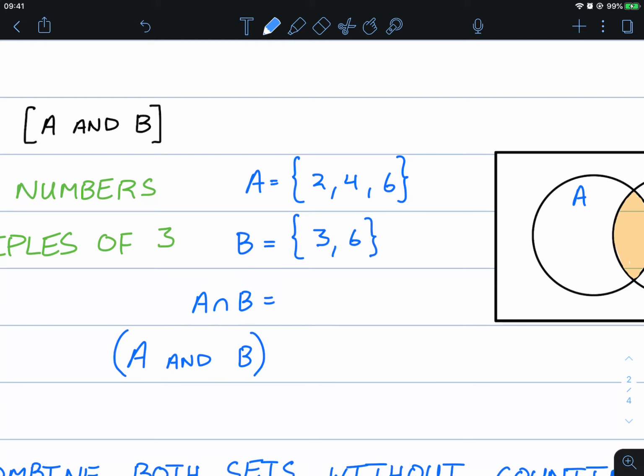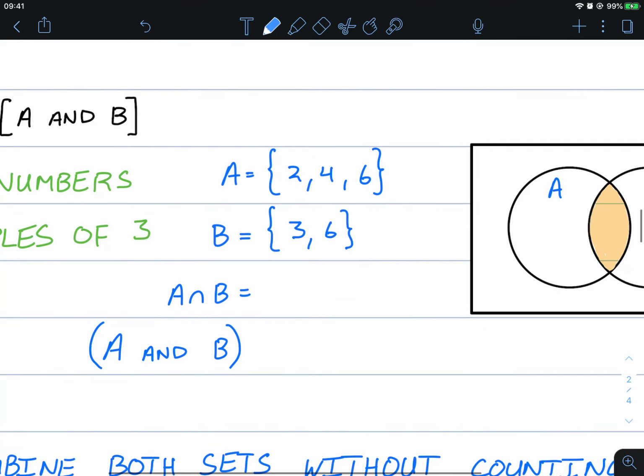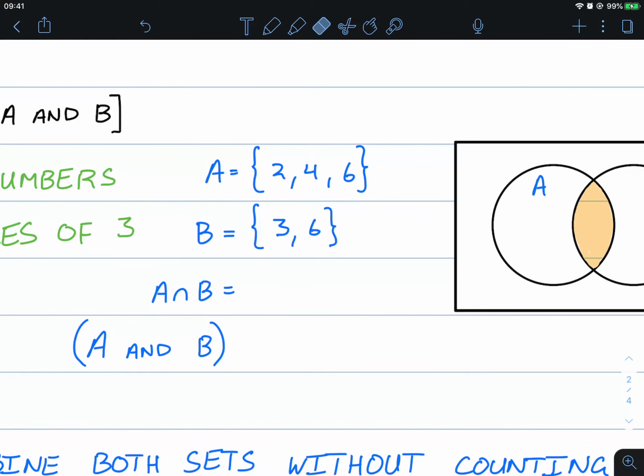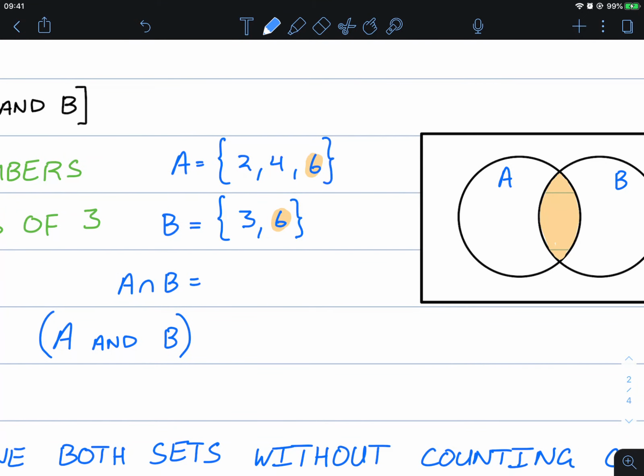For the set A intersect B, we only count the common elements. So in this case, 6 is found in both lists. So 6 is here and 6 is here. That is the only common element. Therefore, A intersect B is the only element 6.